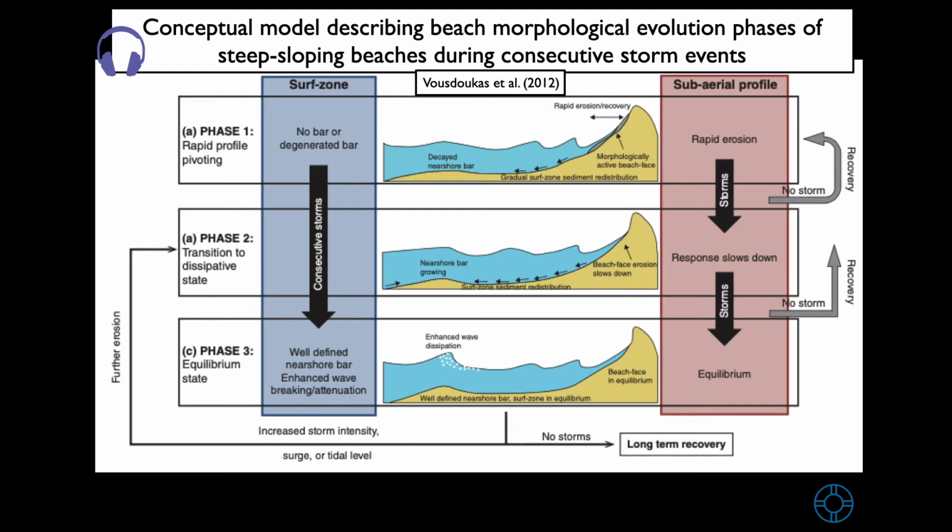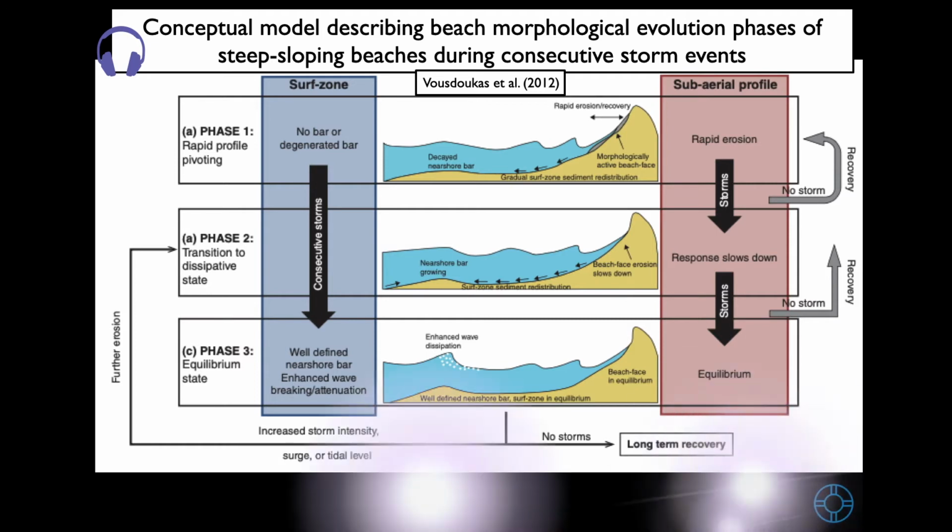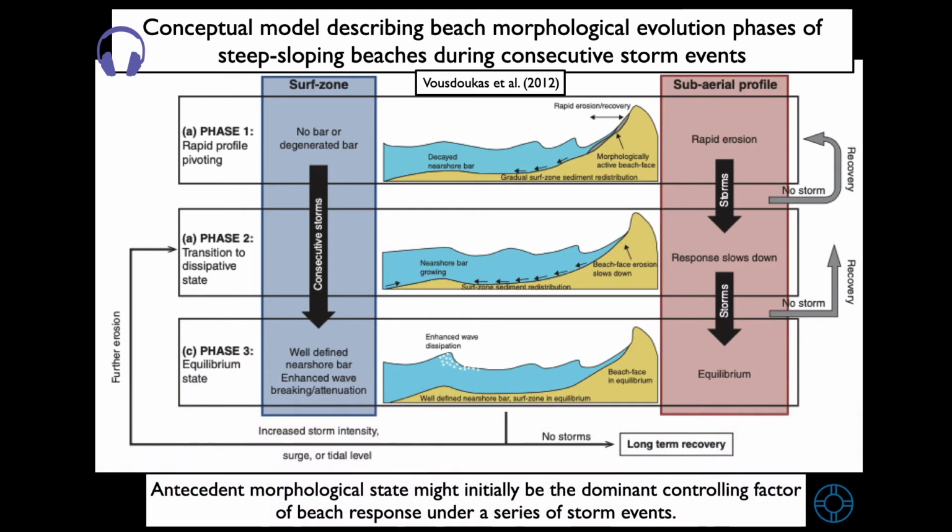They concluded that the antecedent morphological state might initially be the dominant controlling factor of beach response under a series of storm events. So, looking into the figure, in phase 1, the beach shows rapid erosion or recovery.